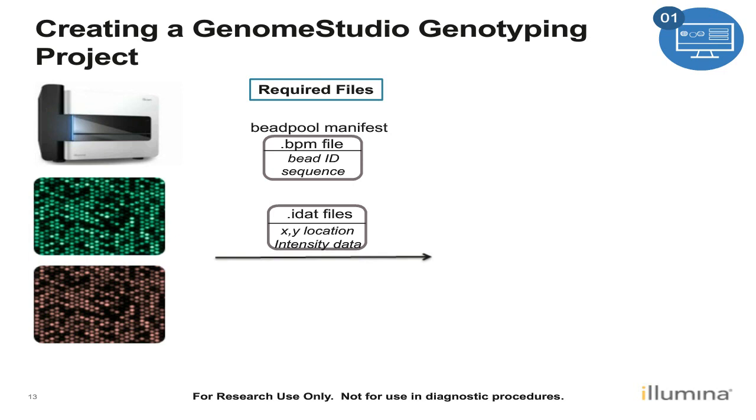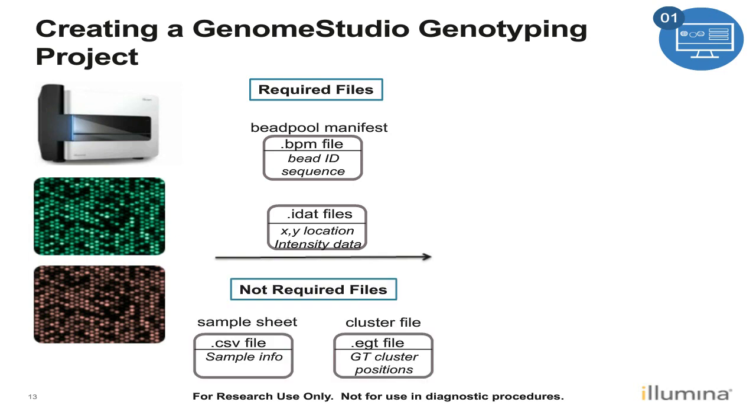In addition to these required files, there are also optional files that you might find useful. One optional file is a sample sheet. This is a CSV file that contains sample information. For example, if you have replicate information, gender information, or sample groups, you can include that information in the sample sheet, and this will be imported into the project.